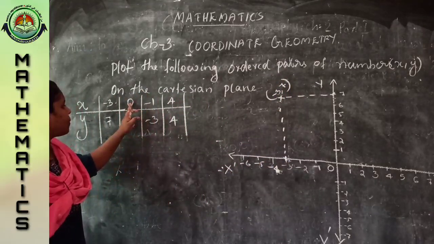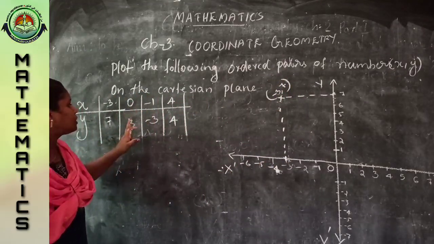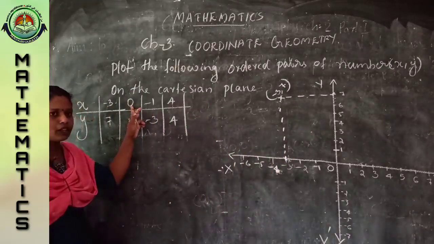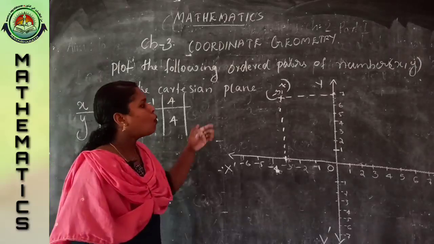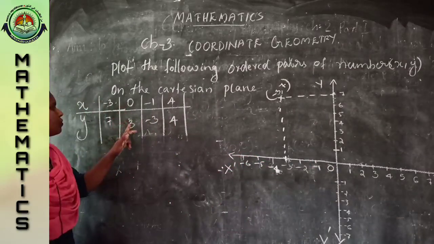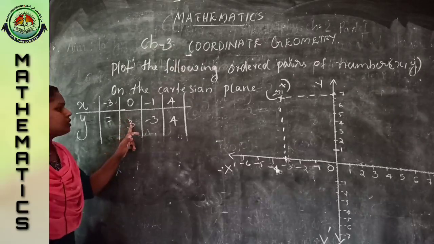Next is 0, 3. The x coordinate is 0, which means it is on the y-axis, and the y coordinate is 3.